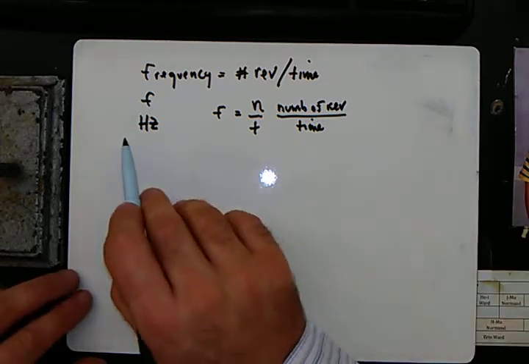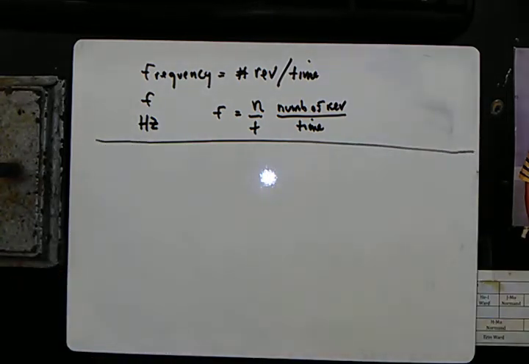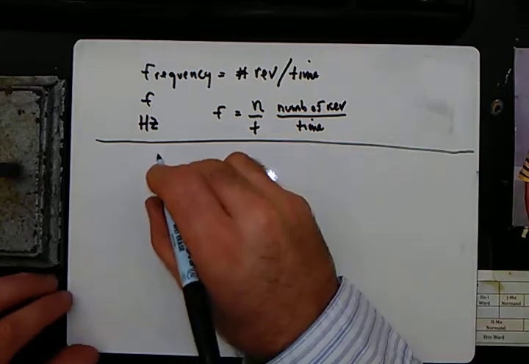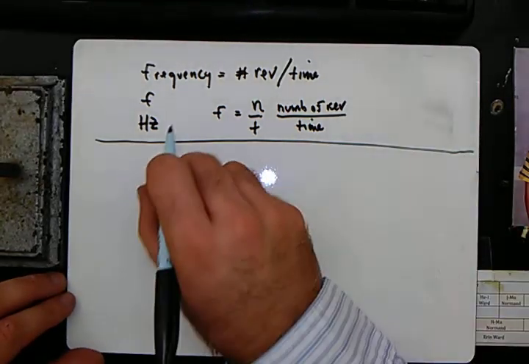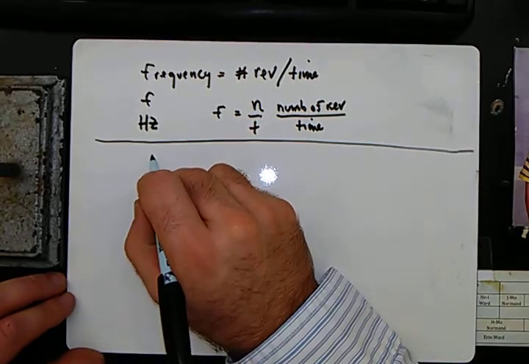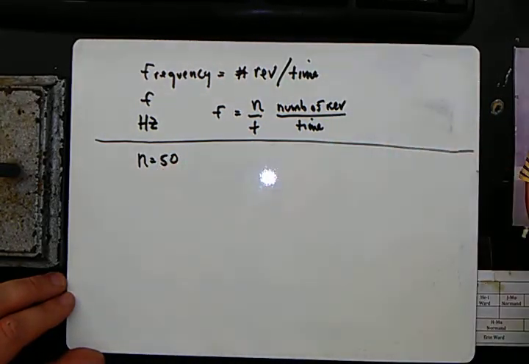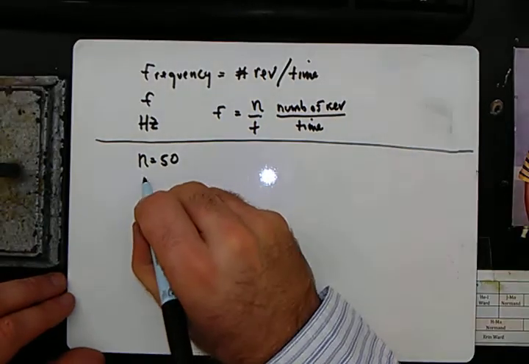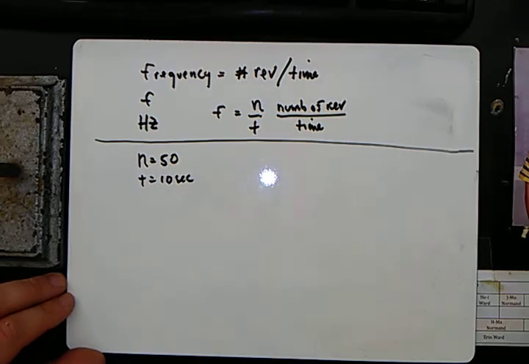So if we take a look at this simple formula for circular motion, say an object travels 50 times in 10 seconds, what's the frequency? So let's see. We've got 50 times in 10 seconds. Okay.